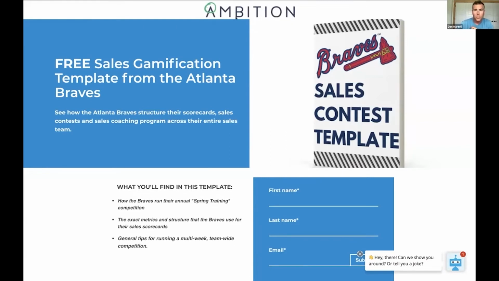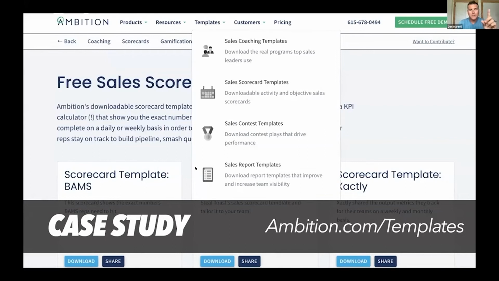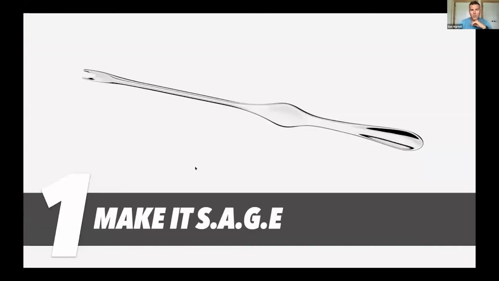And we'll talk about it to really create demand. Okay. So that is one of my favorite B2B SaaS companies, Beacon lead magnets, is Ambition. Okay. Other ones, go look at HubSpot resources, but we'll talk about the 5th hot principle today to dive into this. Okay. So number 1 is the Beacon lead magnet.